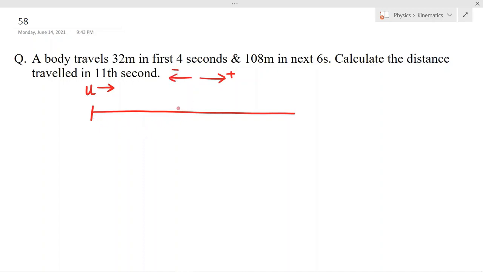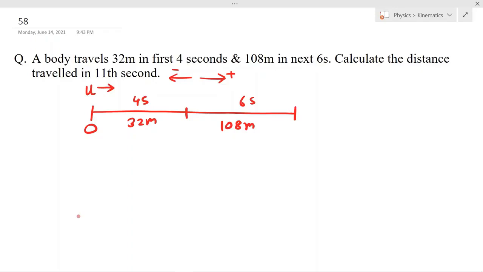So this travels 32 meter in first 4 seconds. So this is 32 meter, let's say this is origin, and 108 meter in next 6 seconds. So in these next 6 seconds it traveled 108 meter.